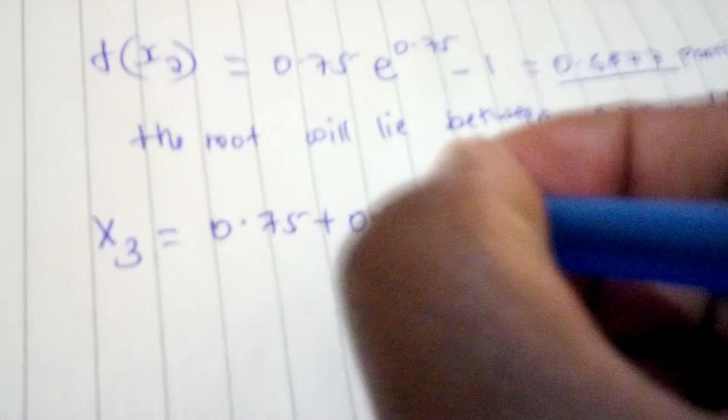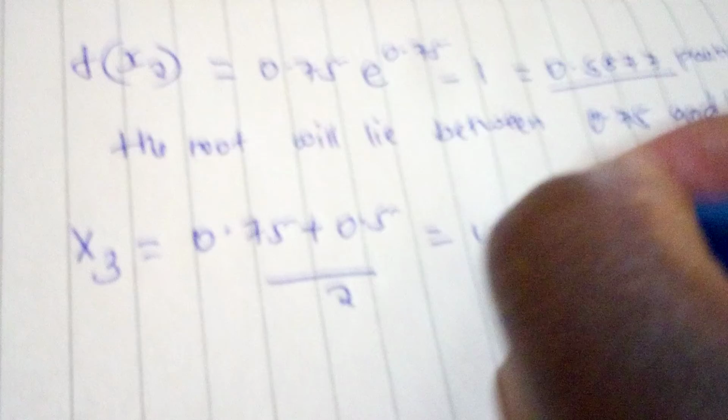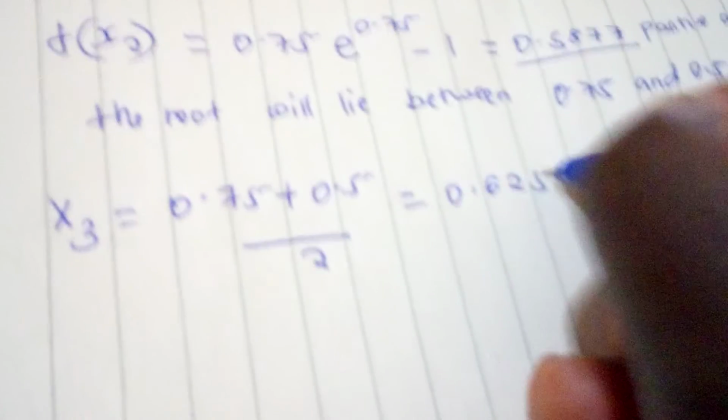So our next successive approximation will be given by 0.75 plus 0.5 divided by 2, which will be 0.625.